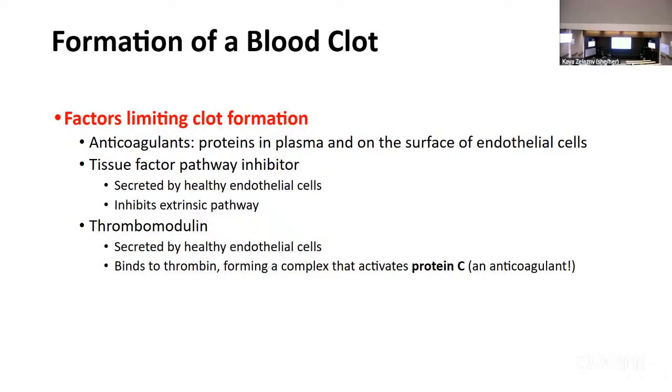So this tissue factor pathway inhibitor is called a tissue factor pathway inhibitor because it's acting on that extrinsic pathway. And that extrinsic pathway was the one where we have injured tissue releasing tissue factors. Okay? So that's one of the things you see coming out of healthy endothelial cells. They'd be saying, hey, we get this signal from the tissue.